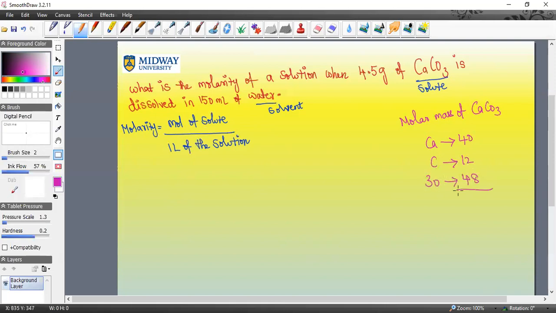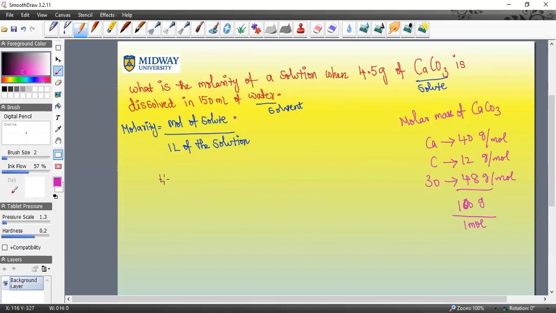So that would be 100 grams over 1 mole. Keep in mind, molar mass is grams over mole. So when we add them all, it's 100 grams over 1 mole.